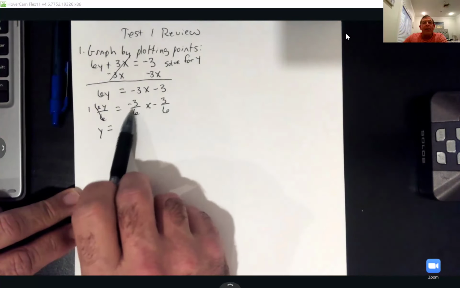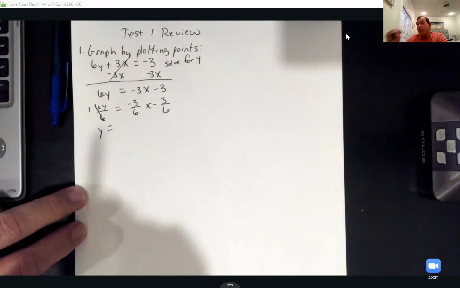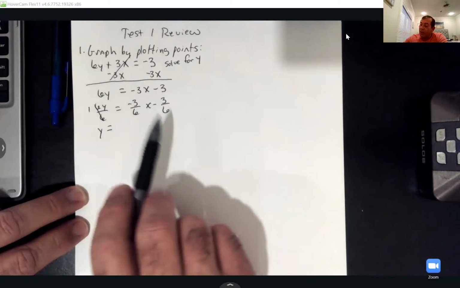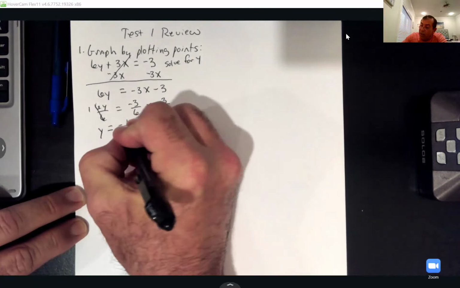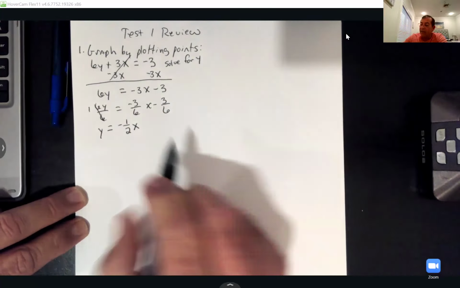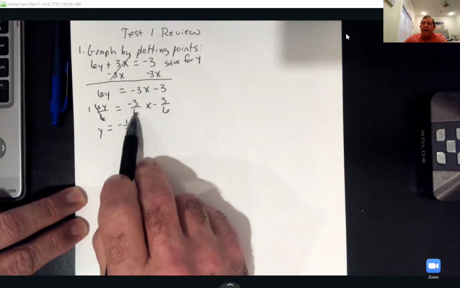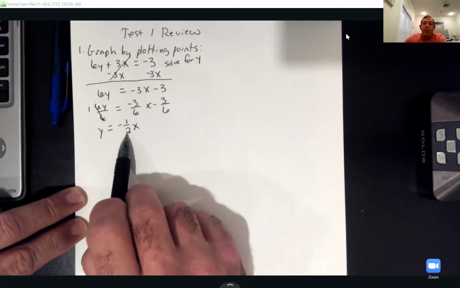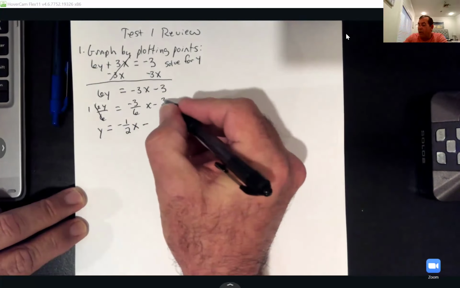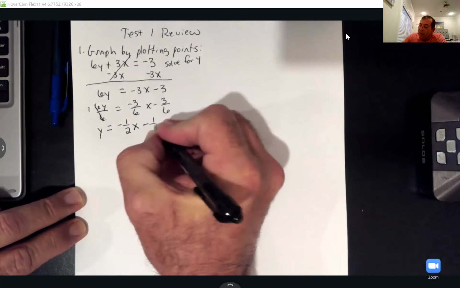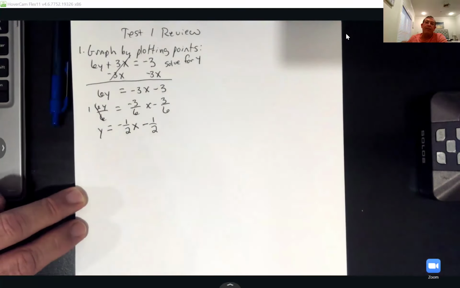Cannot divide that -3 by 6, but we can reduce that fraction down. So that -3/6 will reduce to a -1/2 x. And I basically just divided top and bottom by 3 to get to 1/2. And then this will be minus 3/6 again, which will give me a 1/2.